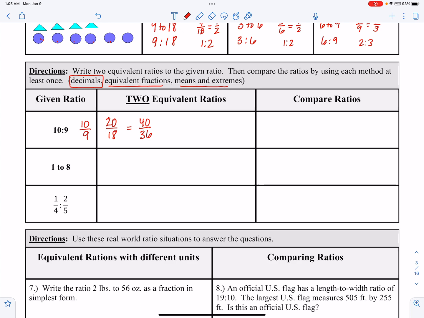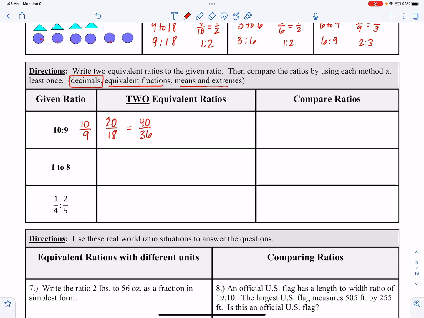And then we are going to compare them. There's a couple ways to compare fractions. One of the things we said we could do is change them both to decimals, which in my opinion is one of the easiest ones. You can also make them equivalent by multiplying or dividing by a whole.